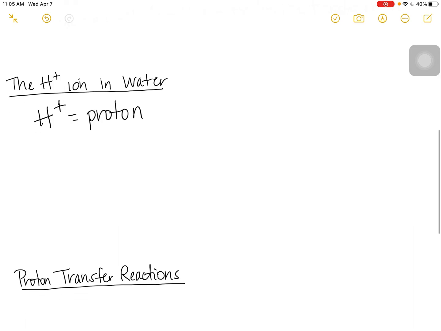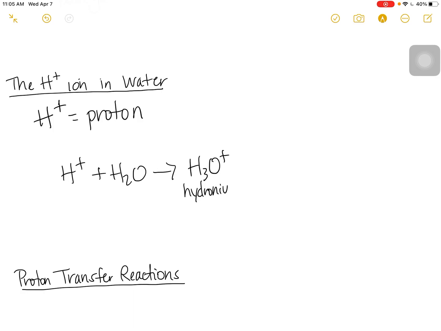And then the other interesting thing is that when H plus reacts with water, it forms H3O plus, which is the hydronium ion. It looks like this in terms of a Lewis structure.